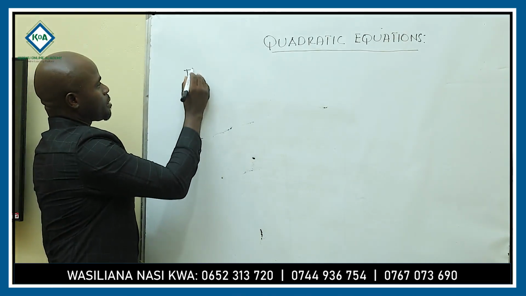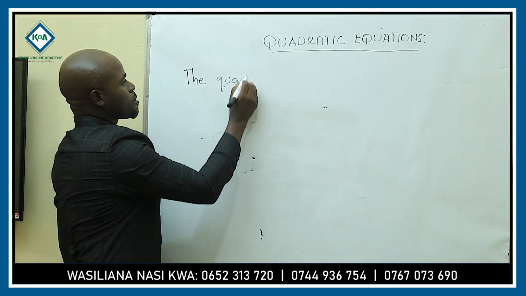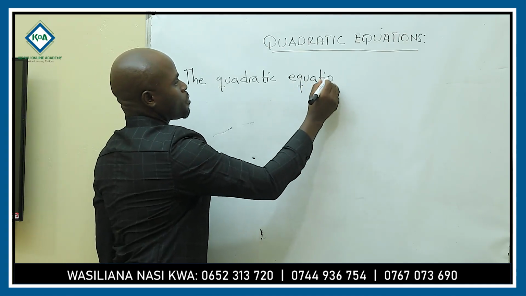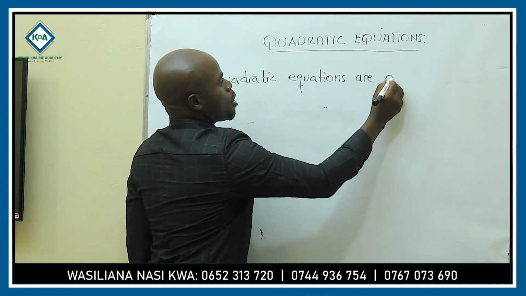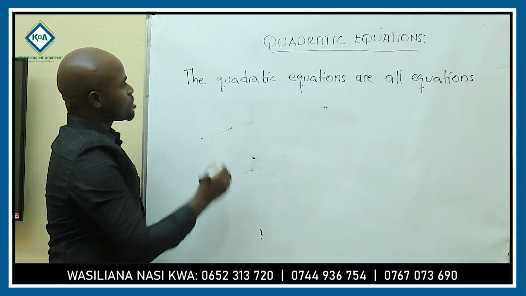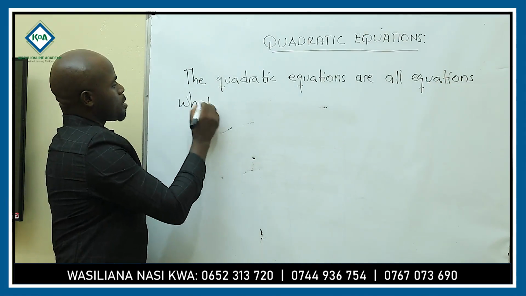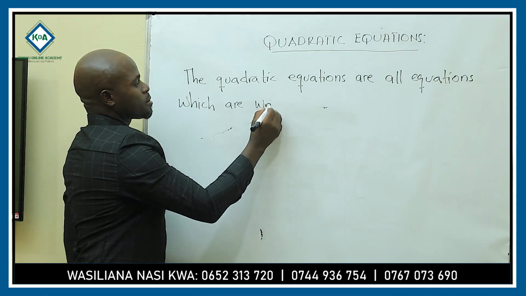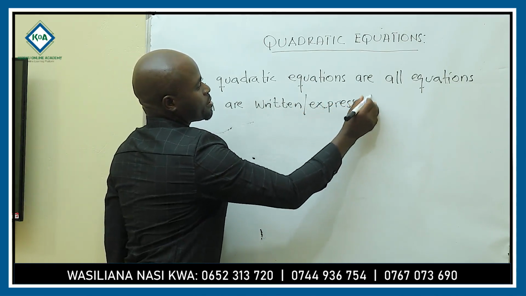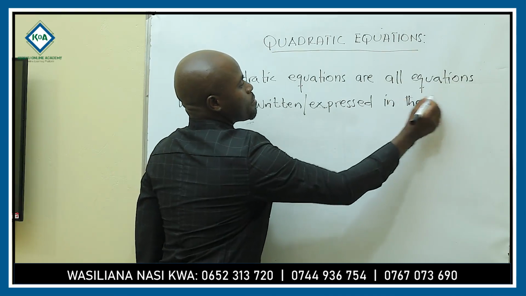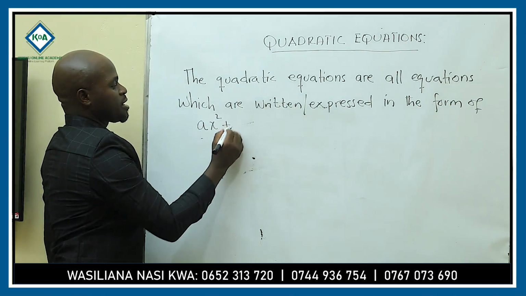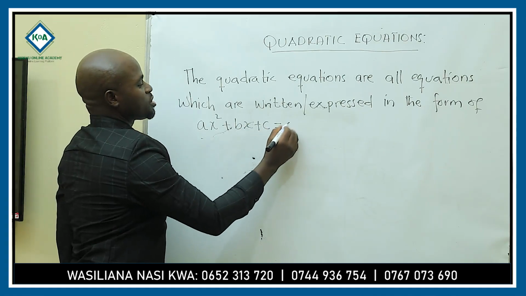So the quadratic equations are all equations which are written or expressed in the form of ax squared plus bx plus c is equal to 0.